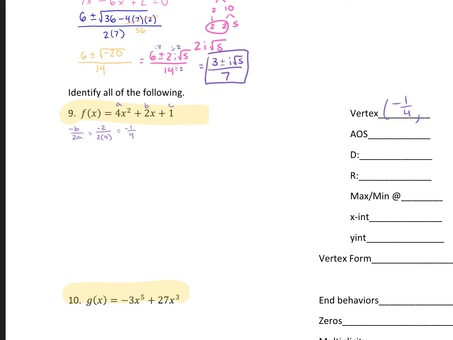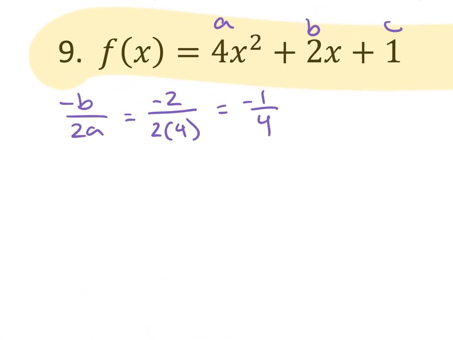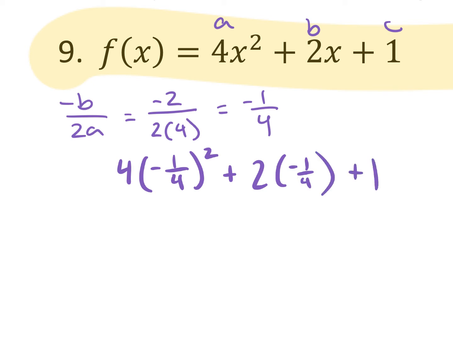On the quiz, for the most part, everybody got that, but when it came to plugging it in, that's where it all went wrong. So to find the y, the second part of our vertex, we plug in negative 1/4. So be very careful when plugging it in and evaluating. So I have 4 times negative 1/4 squared plus 2 times negative 1/4 plus 1.